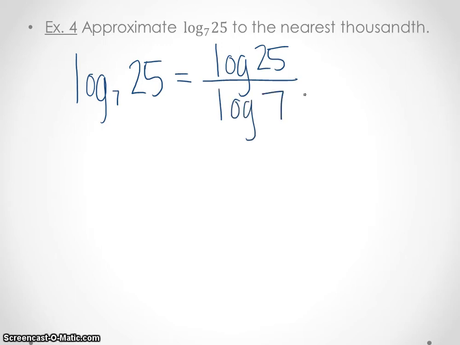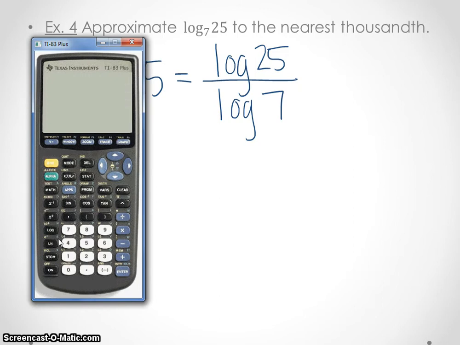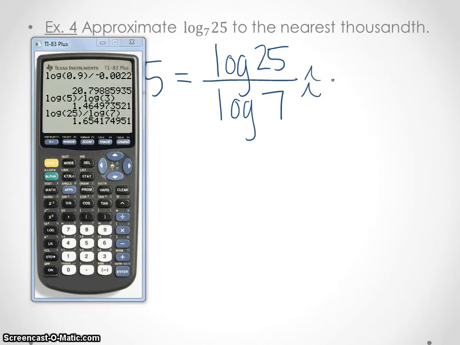And now that I can actually evaluate both of those because they're both base 10s, let's grab this guy. So log of 25 divided by log of 7. Well, bam. So that is approximately equal to 1.65, and they want it to the thousandth, so we go out one more, so 4.